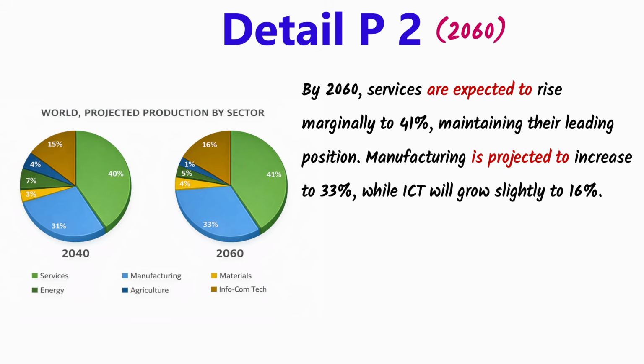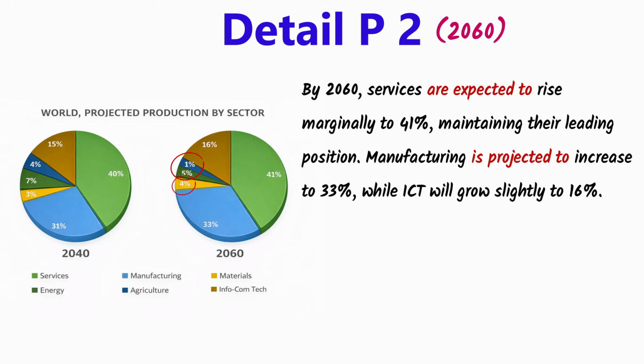So these three are projected to experience a rise, all right, for all these three sectors. But there are also some declines regarding, for example, agriculture and energy, all right? And infotech, I talked about infotech, and also materials is going to experience a 1% rise.